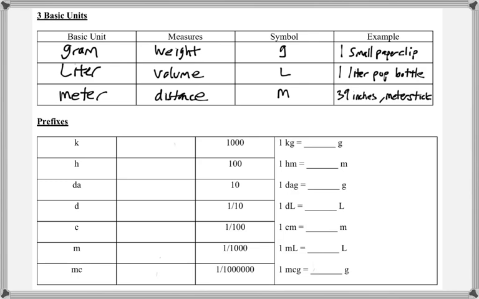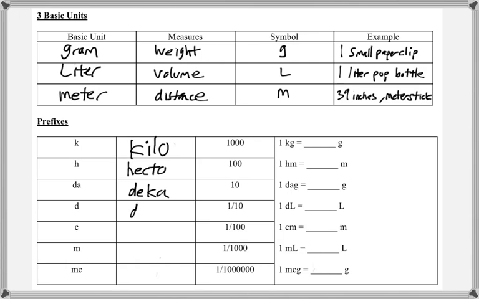So to get all of the other units, we need to add prefixes onto the 3 basic units. So K stands for kilo, which means 1,000. H stands for hecto, which means 100. DA stands for deca, which is 10.